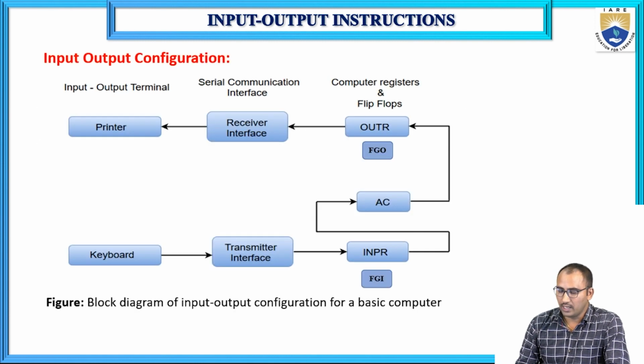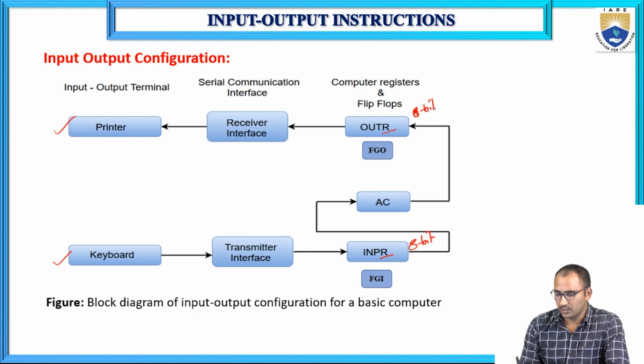Here we are using one input device and one output device: the keyboard as the input device and the printer as the output device. We are also using two registers, an input register and an output register. These two registers are 8-bit registers.